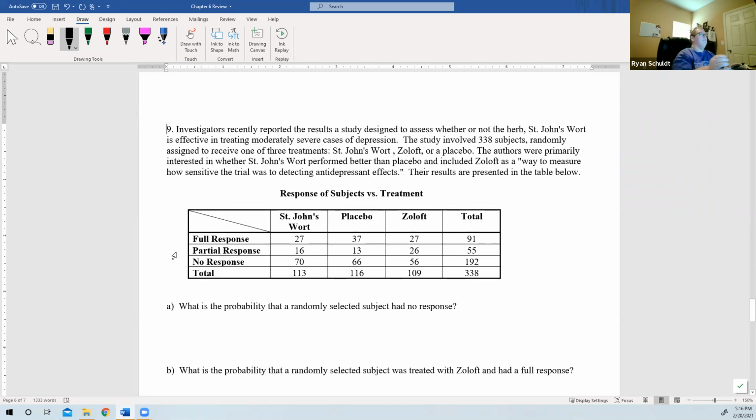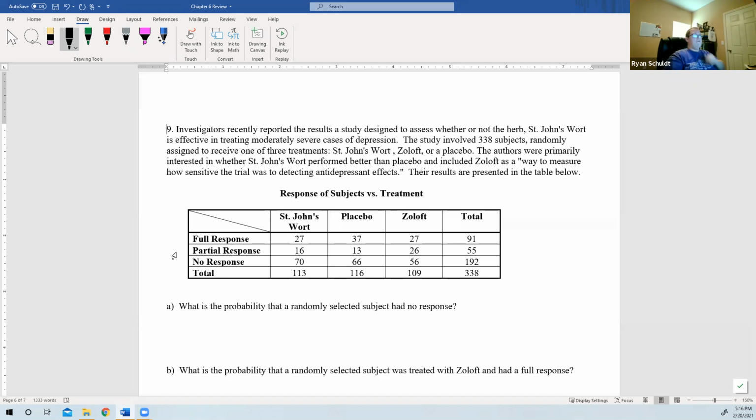So investigators recently reported the results in a study designed to assess whether or not the herb, St. John's wort, is effective in treating moderately severe cases of depression.